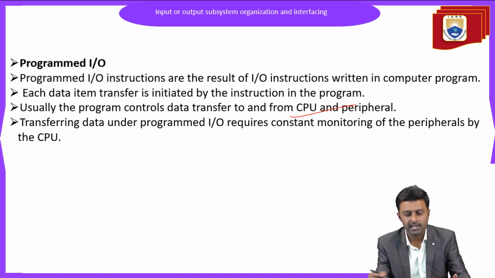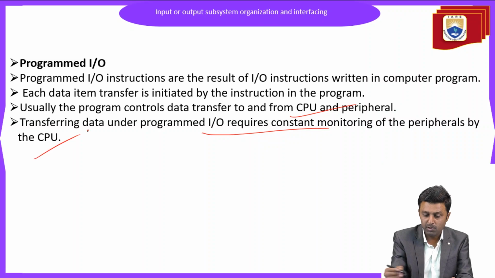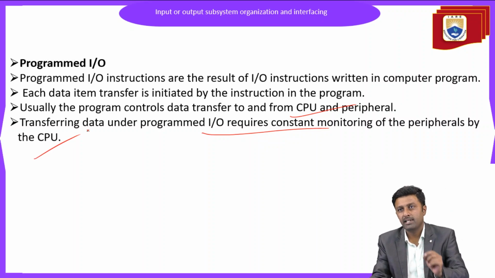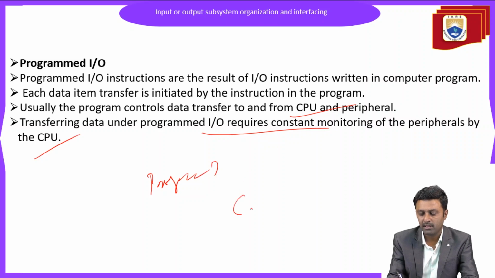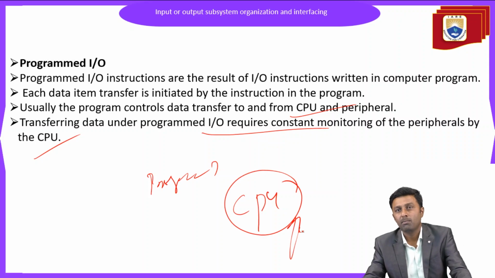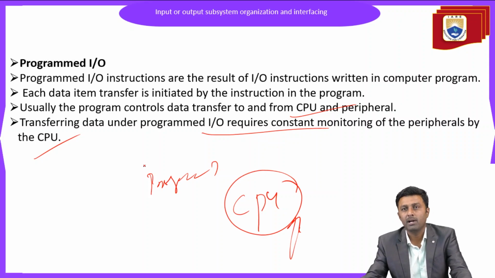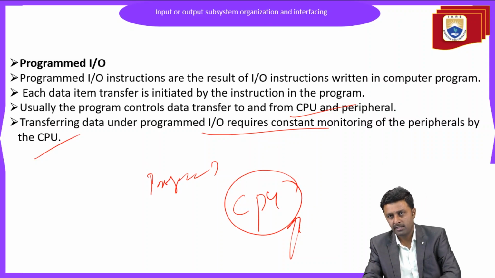Transferring the data under the programmed IO requires constant monitoring of the peripherals by the CPU. So in the programmed IO, basically a program will be written, and with the help of the program, the CPU will come to know what operations to be performed. Here the CPU has to keep monitoring, and with the help of that, the input-output data transfer is done.